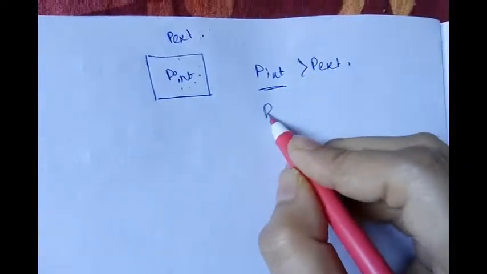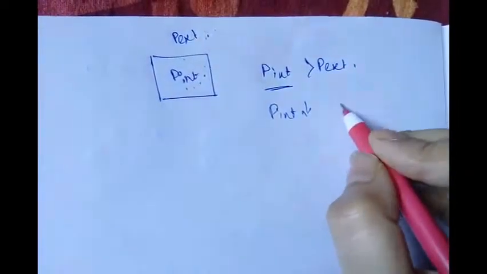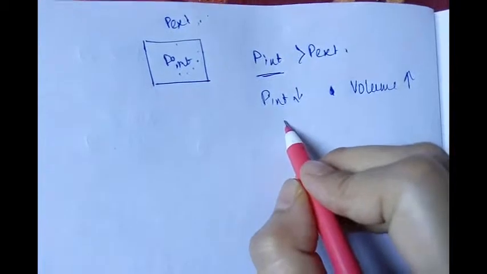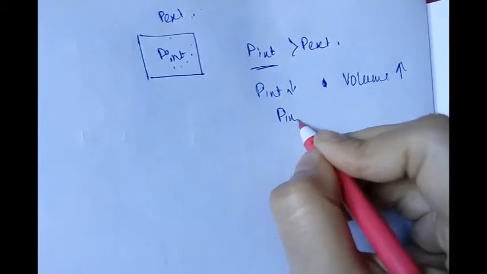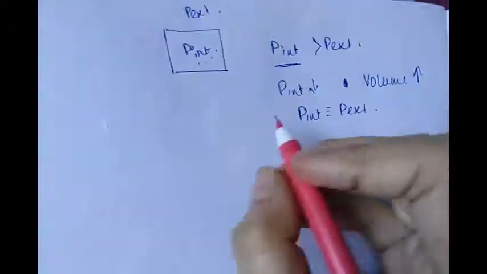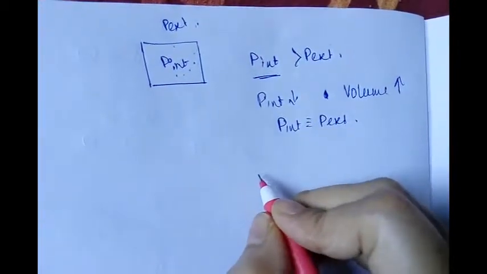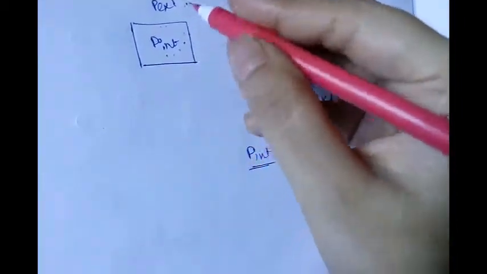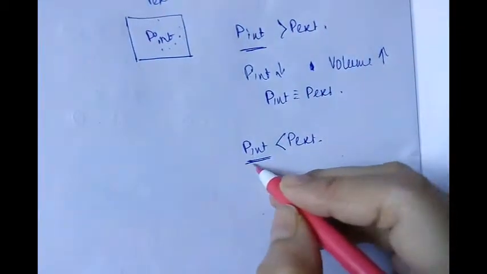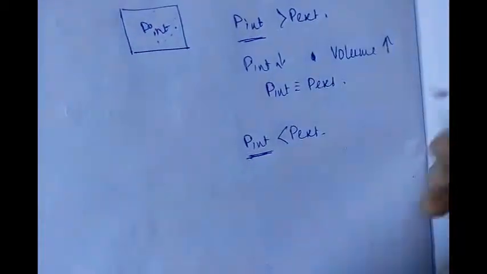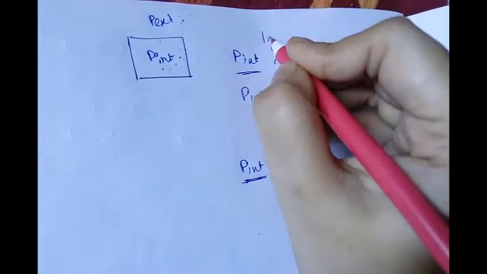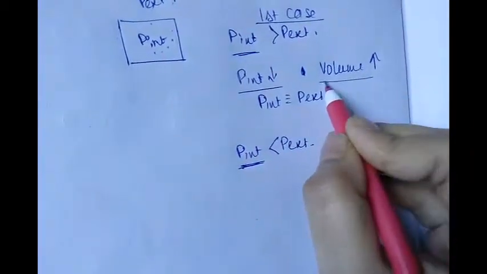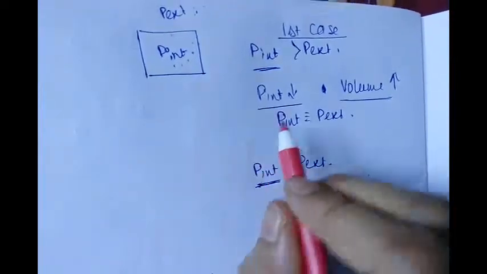So P internal is reduced, volume is increased, and at a point P internal will be in equilibrium with P external. And in the opposite condition, if P internal is less than P external, then P internal wants to increase. To increase the internal pressure, volume will decrease.